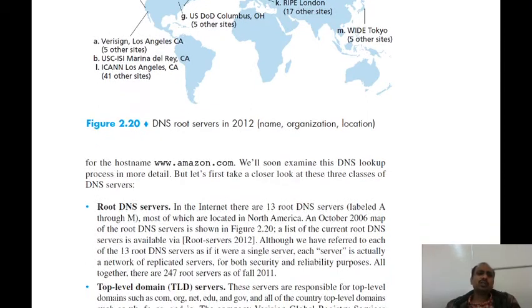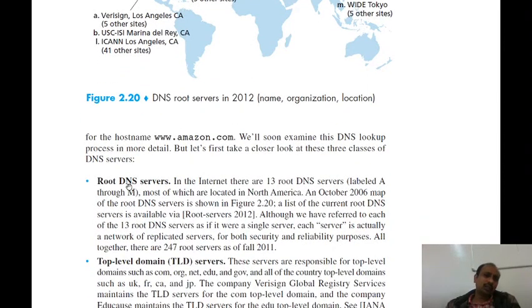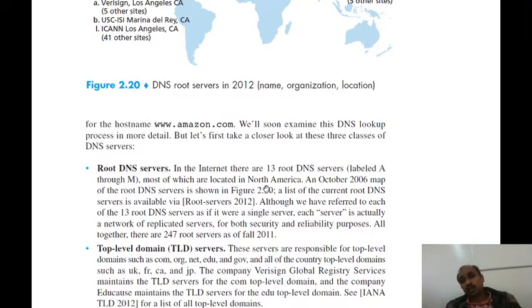Now coming to the root DNS servers. Let me consider how many root DNS servers there should be. Normally, when this concept first came, at that time there were only 13 root DNS servers, maybe in the year 2006. But even though we had only 13 root DNS servers, that was not sufficient.